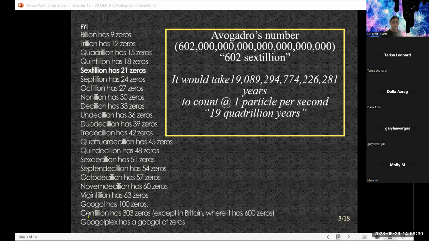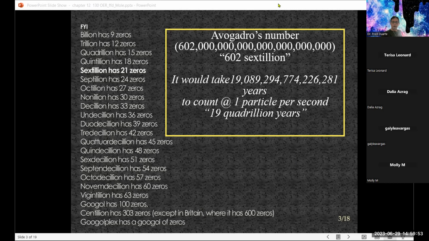The centillion has 303 zeros. Some of these numbers are just mind-boggling as far as how big they are. And these numbers in mathematics can go to infinity. Now, I mentioned this briefly, and I said, well, here's another perspective as to how large this number is.